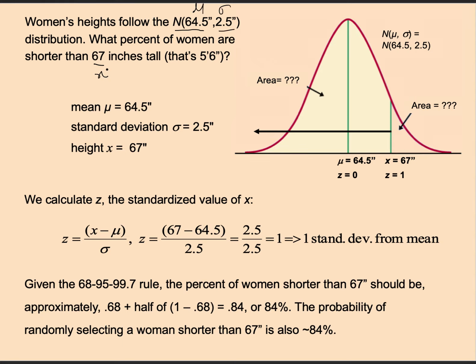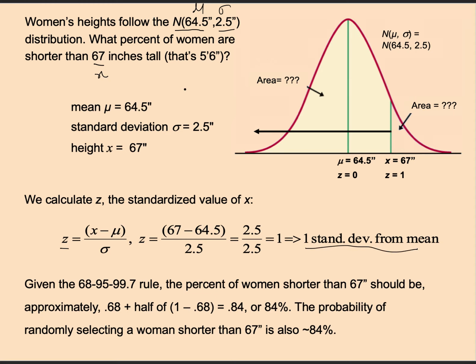You can simply find that by the 68, 95, 99.7 rule. But if you want to give it a try as a starter example for how to substitute these values, you can take a look at this. Z is going to be x minus mu upon sigma, and then you plug in all these numbers, and you're going to get one standard deviation.